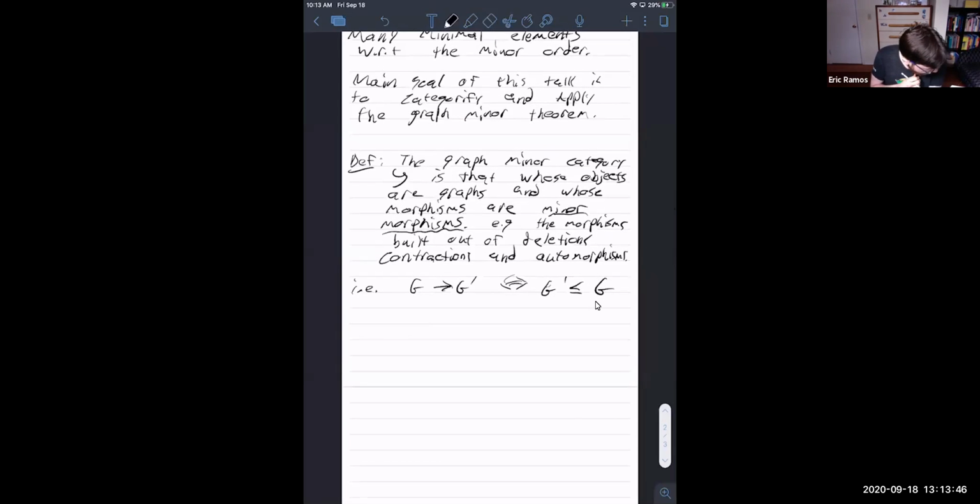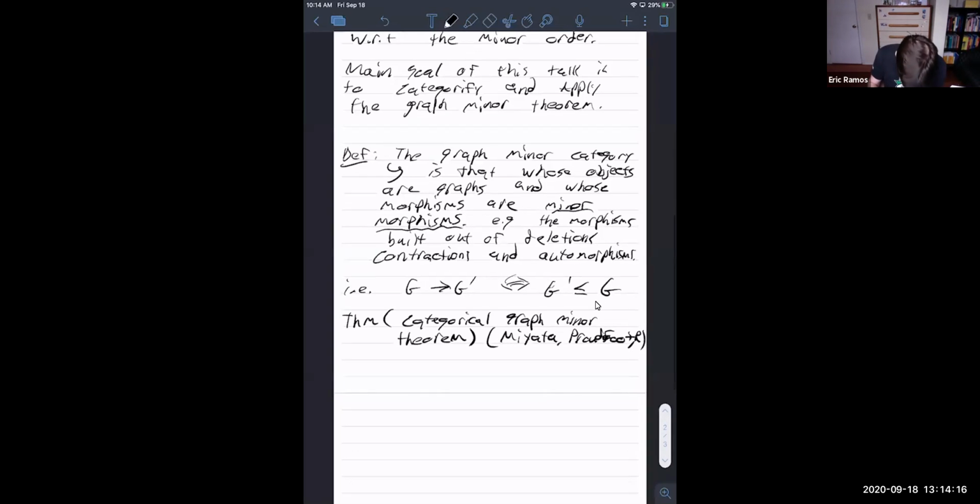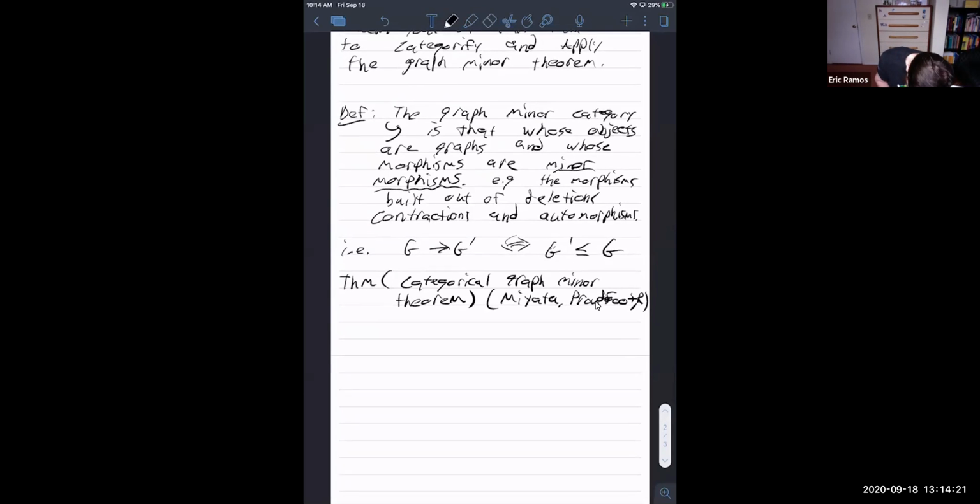Okay, so the main theorem here, which we call the categorical graph minor theorem, and this is Miyata, Proudfoot, and myself, is that if M is a finitely generated G-op module, the op here is just because of this issue with the morphisms going the wrong way, then all of its submodules are as well.